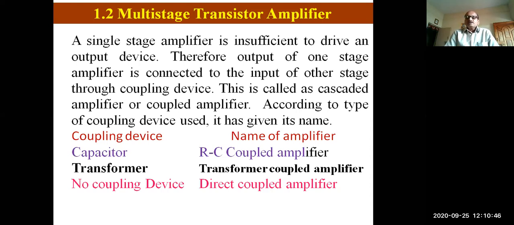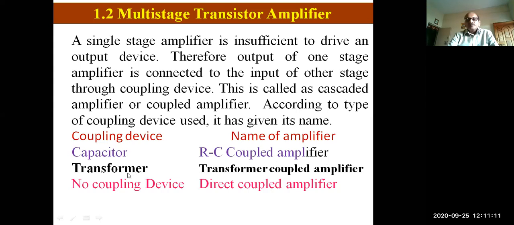But in a multi-stage transistor amplifier, we can connect the output of one stage to the input of another stage. The output of one stage can be connected to the input of the other stage by using a capacitor, by using a transformer, or without coupling. When the output of one stage is connected through a capacitor, that coupling is known as an RC coupled amplifier.